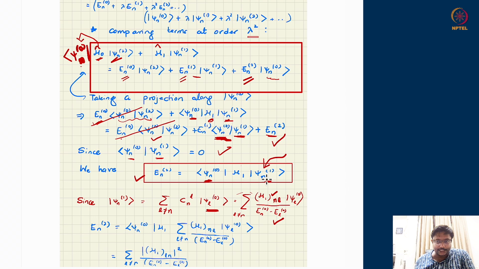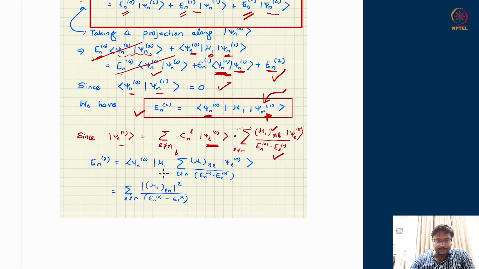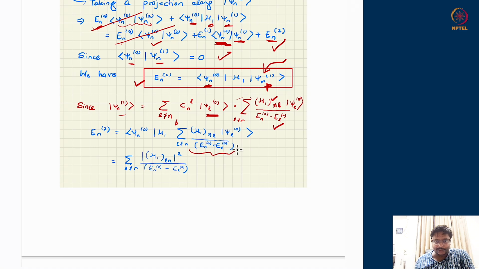So I know everything about psi n1 from first order perturbation theory. So I feed that information of psi n1 into the expression for En2. This whole thing over here is nothing but psi n1, which we had derived in the previous class.